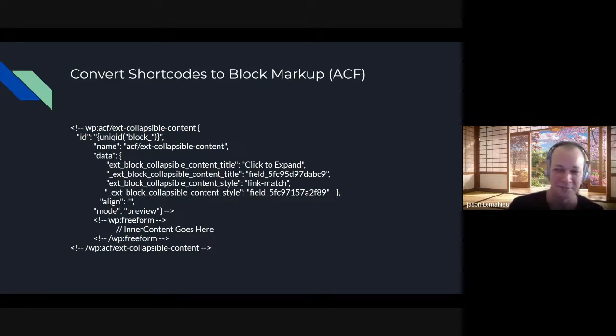So this is what the markup looks like for ACF Pro. Again, we would have to take the arguments that were in the shortcode, extract them, put them into this data array inside so that it could be passed to the block for processing in the same way. Now, sometimes we added new features and we would set defaults and do all kinds of things like that. But basically, this would clean up all the shortcodes and turn them into custom blocks or core blocks.